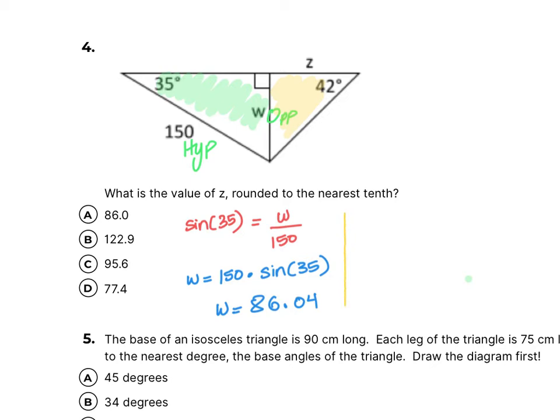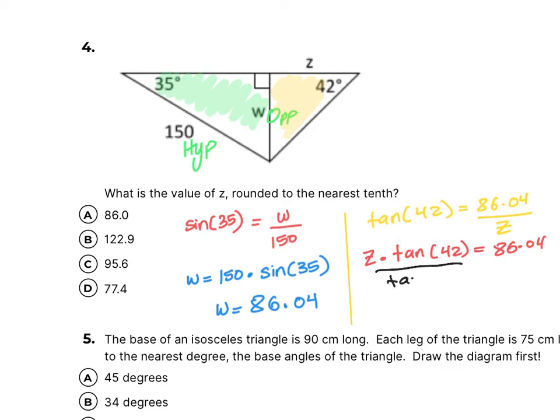So to find z, I use tangent of 42 is equal to opposite, which is w, over adjacent, so 86.04 divided by z. Now you can cross multiply, so it becomes z times tangent 42 is equal to 86.04. And then you divide by tangent 42.